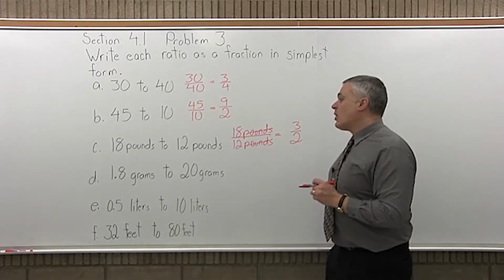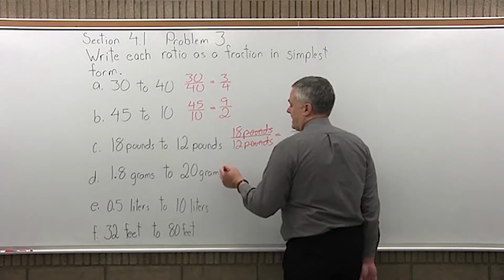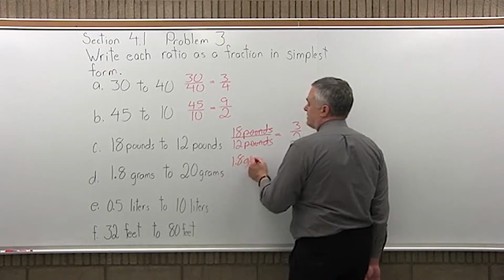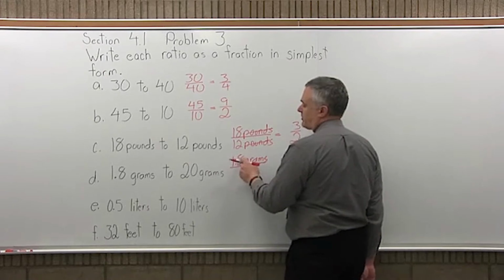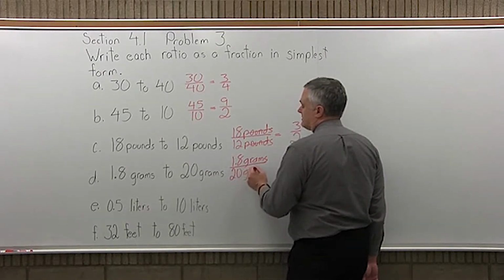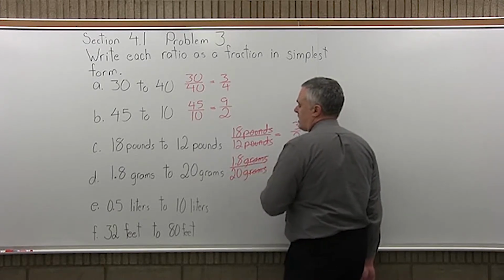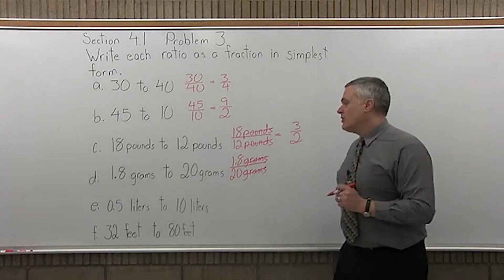The next one, 1.8 grams to 20 grams. Again, initially we'll include the units of measure, but they will appear in the top and the bottom. So the top of my fraction, 1.8 grams. The denominator, 20 grams. Cancel grams on the top and on the bottom. So we have 1.8 over 20.